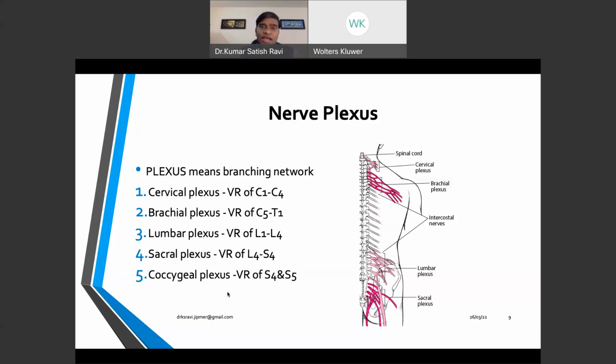So what I wanted to say is that a plexus means a branching network, and a nerve plexus is nothing more than a system, or network, of connected fibers that link the spinal nerves with specific areas of the body. The ventral rami, except T2 to T12, branch and join with one another to form this network.